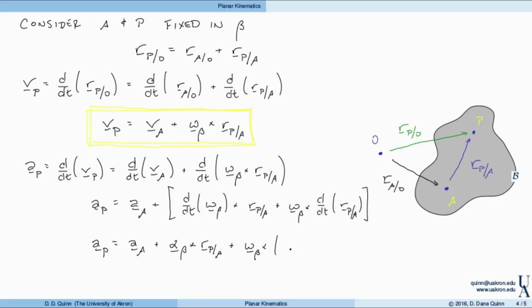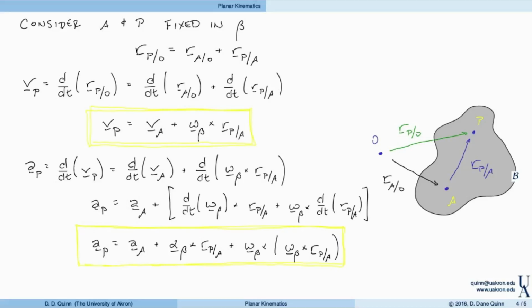So it's still omega cross r. And now we have a relationship between the acceleration of A and the acceleration of P. As before, this is valid anytime A and P are fixed in the object, fixed in beta.